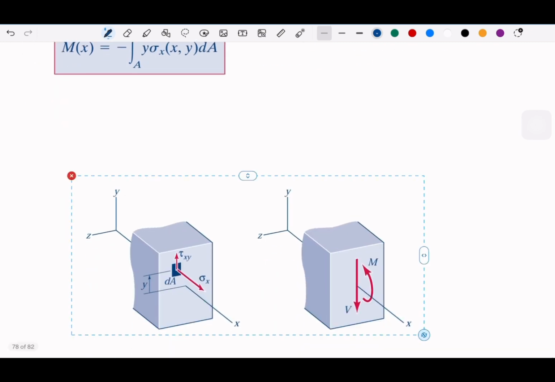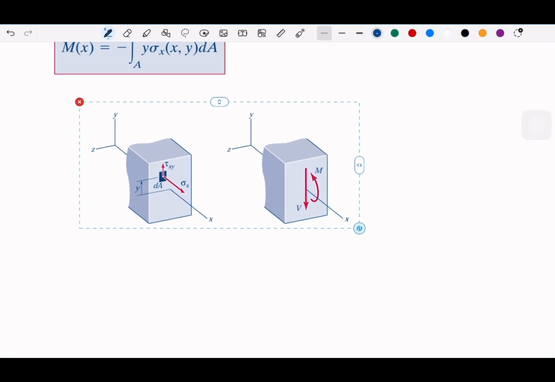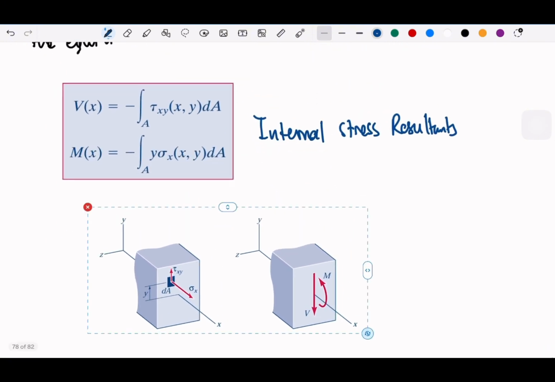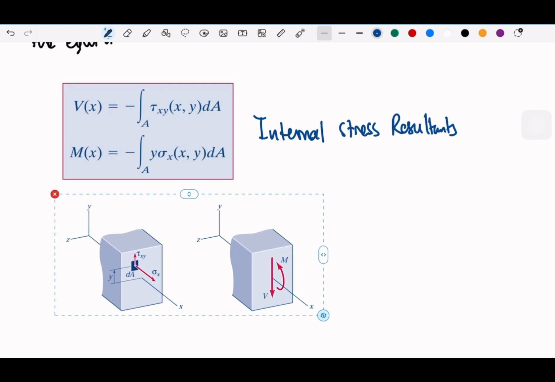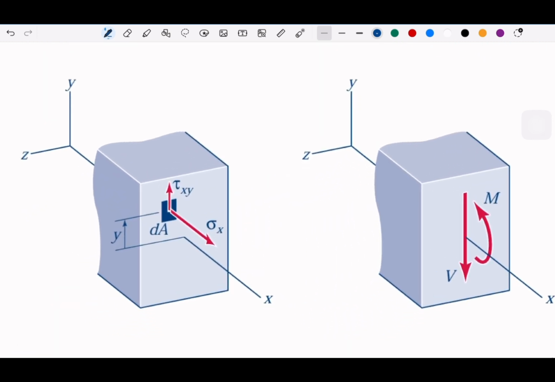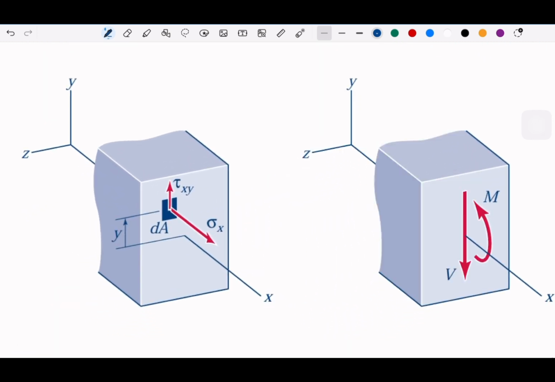Basically we take a small part from the elements, and we say that the tau is orthogonal to the x-axis or to the plane.